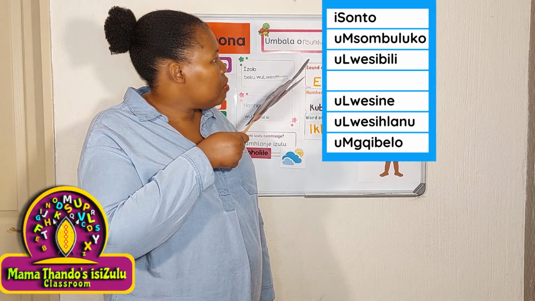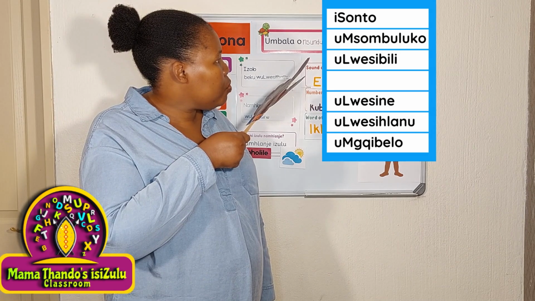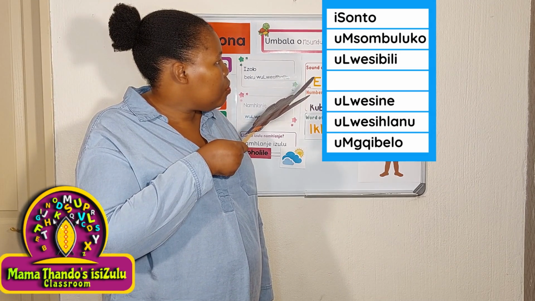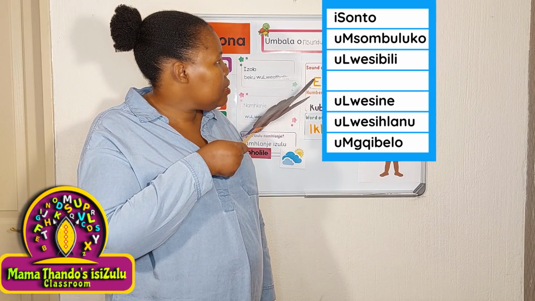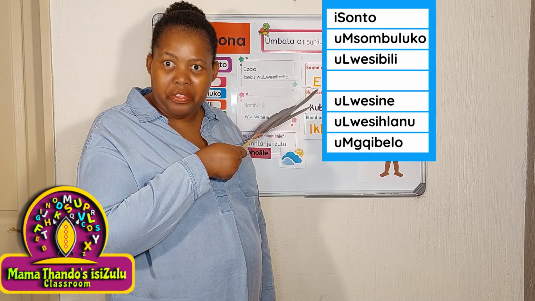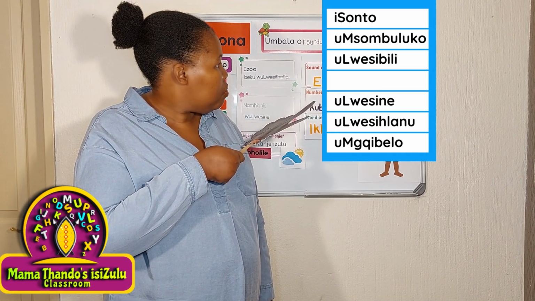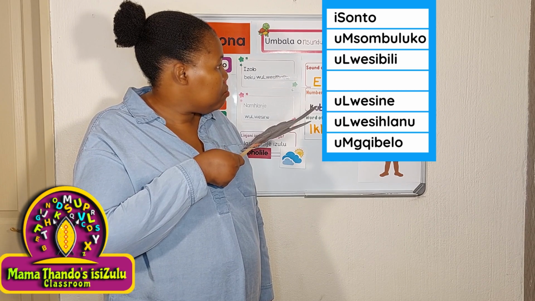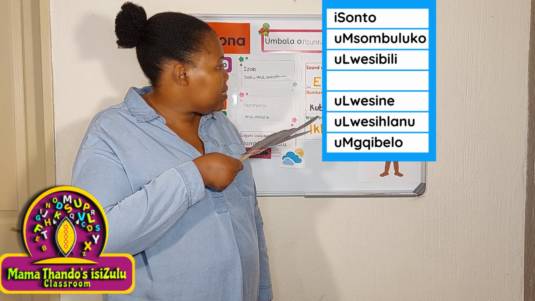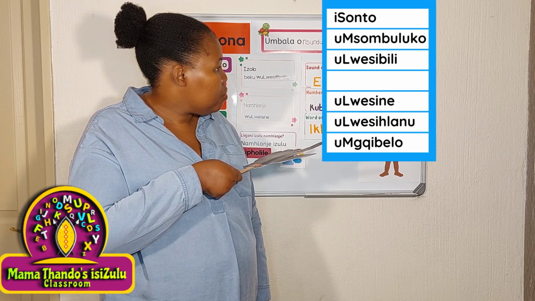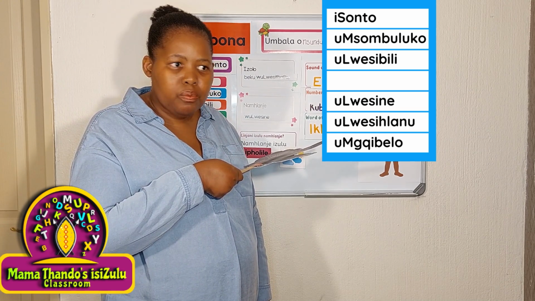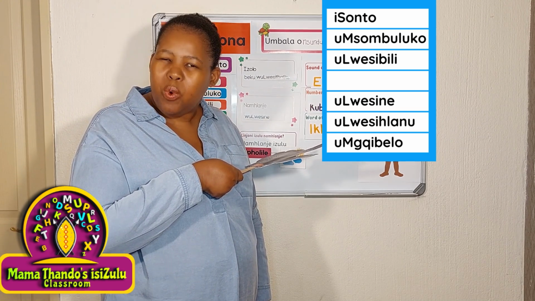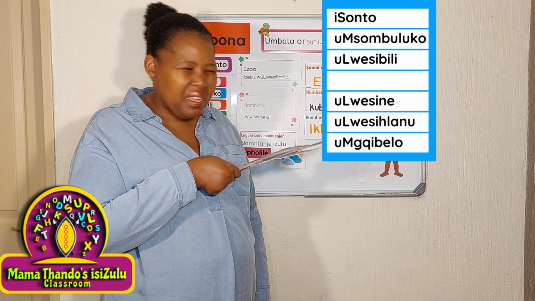Isonto, umsombuluko, uLwesibili. Oh, nothing. uLwesine, uLwesihlanu, uMgqibelo. So what was the one that was missing?